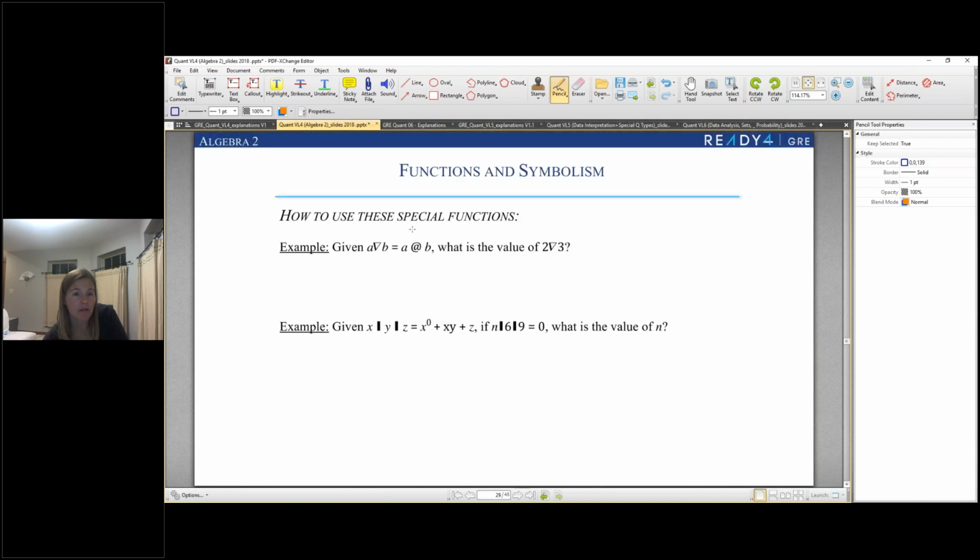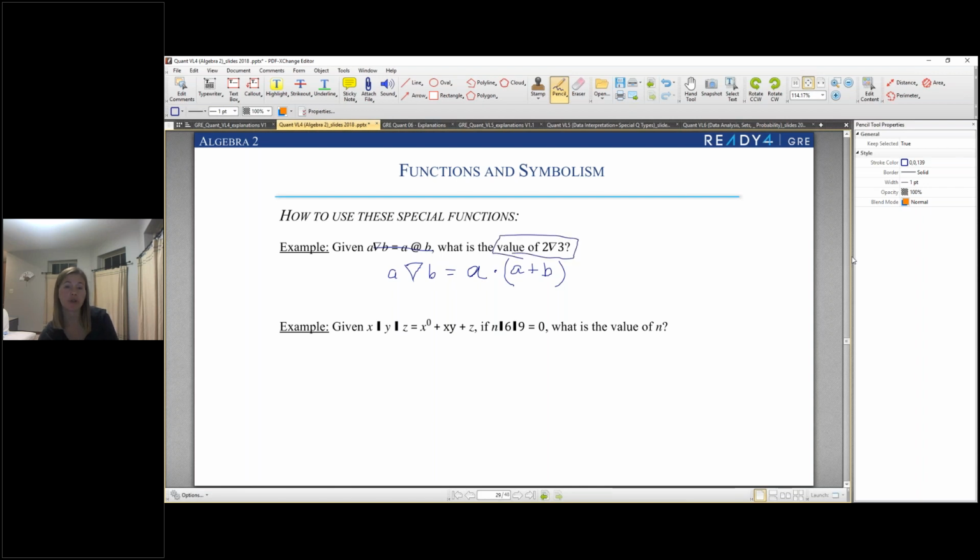So here we have the example of this. Let's just say A triangle B is equal to A times A plus B. Okay, so let's say they're giving us the definition of A triangle B is the same thing as A times A plus B. Then they might ask you, what is the value of 2 triangle 3?